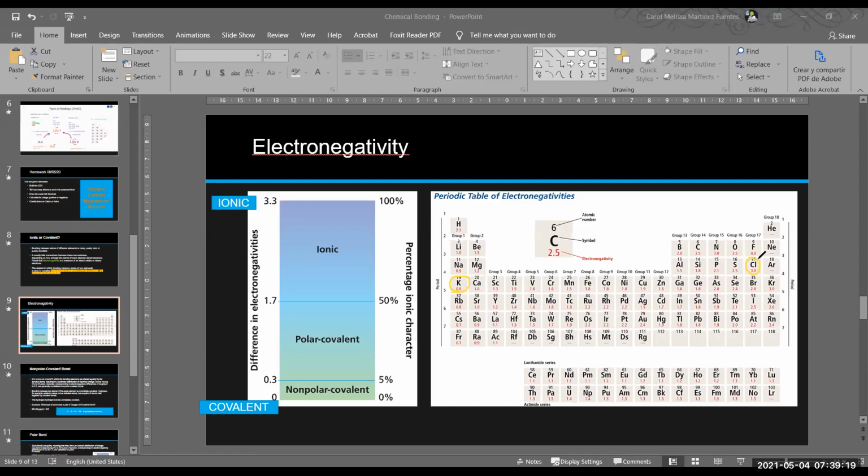Chlorine, which has an electronegativity of 3, minus potassium, which has an electronegativity of 0.8. How much is that? 2.2.